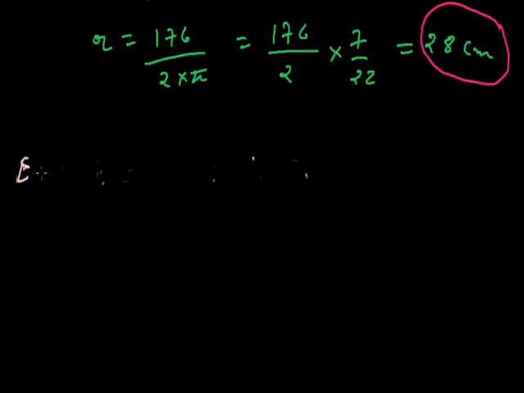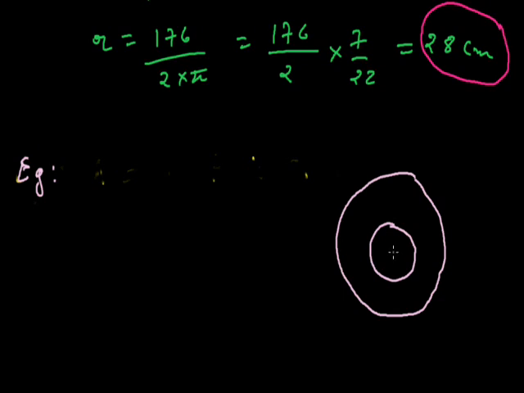Let us see an example based on area of a circle. We are given two circles, one with radius 5 centimeter and the other with radius 7 centimeter. We have to find the area of the shaded region. So it will be equal to the area of the outer circle minus the area of the inner circle.